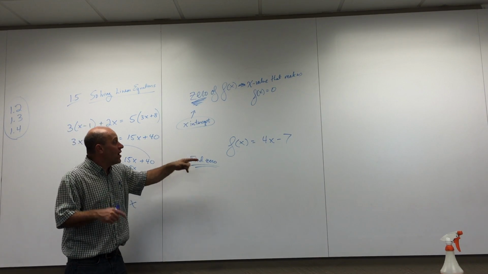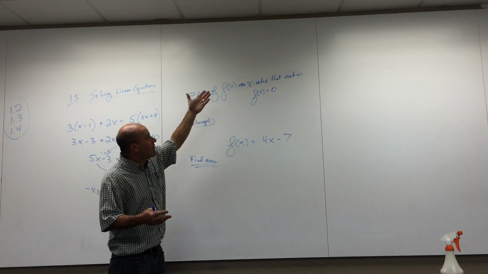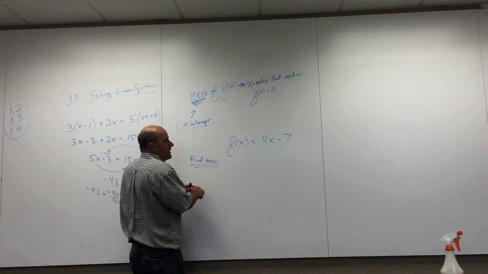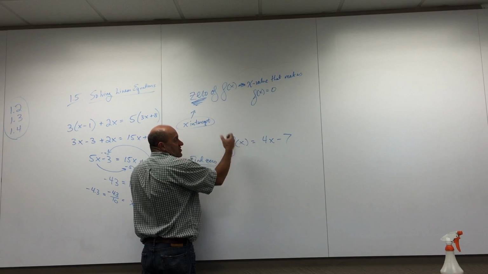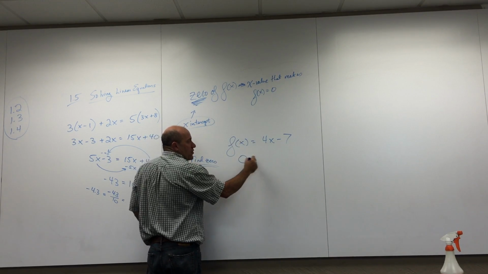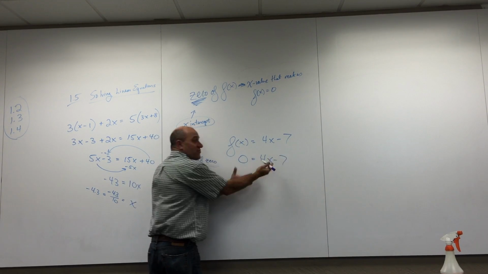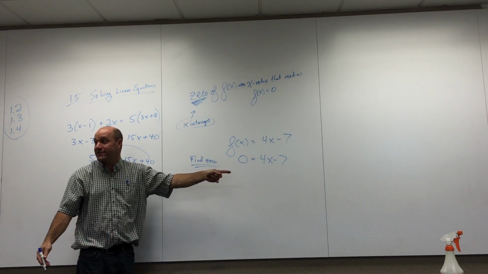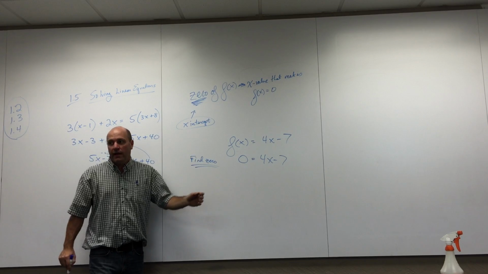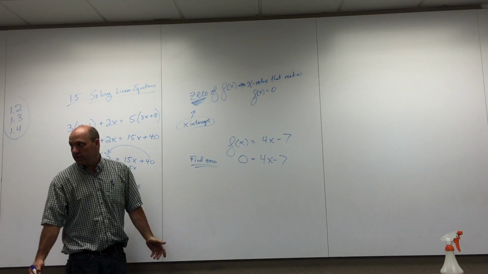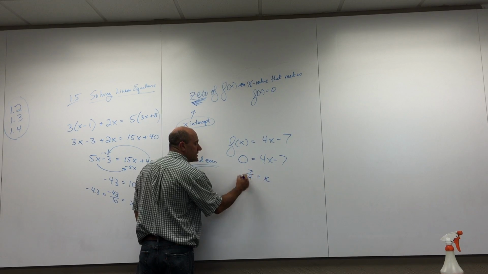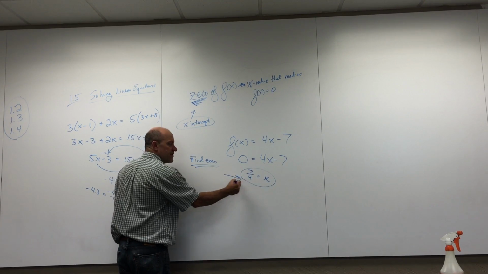To find the 0 of the function, it's whatever makes the function equal 0. So you're setting the y equal to 0. You want to know when this function equals 0, and then you solve for x. You're solving an equation, and you move the 7 over and divide by 4, and the answer is 7/4. That's the 0 of the function.